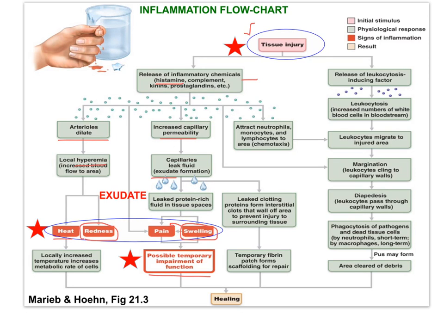Those other inflammatory chemicals are also attracting those white blood cells to the area, and they are going to start to migrate in and start to act on the tissue area. So remember, as they come in, they marginate, which basically means they stick to the capillary walls. They crawl out of the walls, which can be called diapedesis, and then they start to destroy pathogen and eventually clean up the mess. So keep coming back to this picture. It reminds you of all of the major events in inflammation.